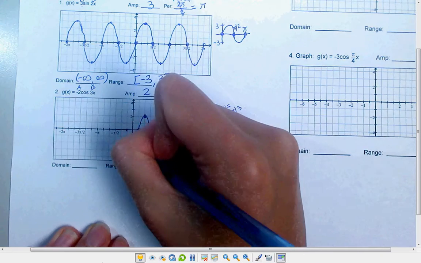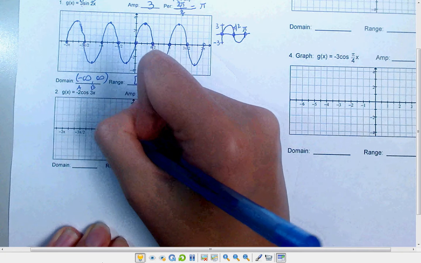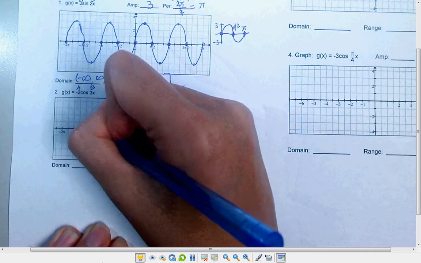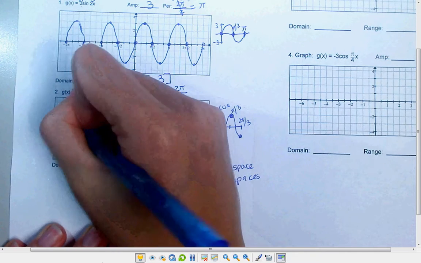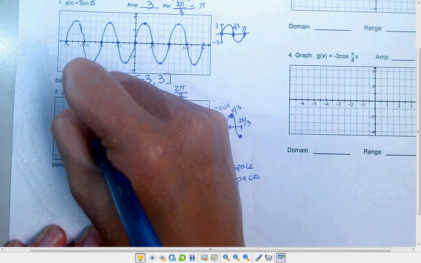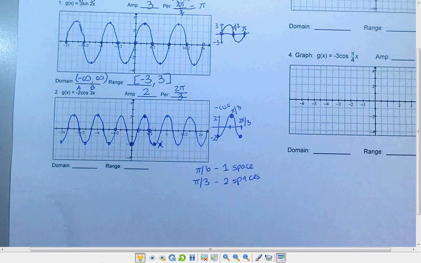Same thing on this side. That is my graph for number 2.